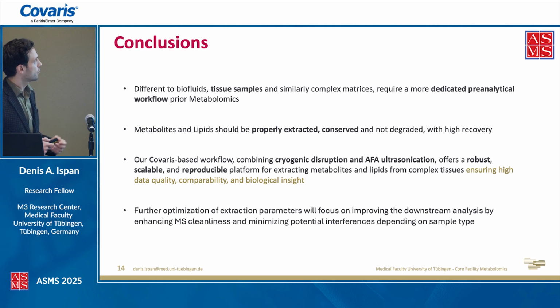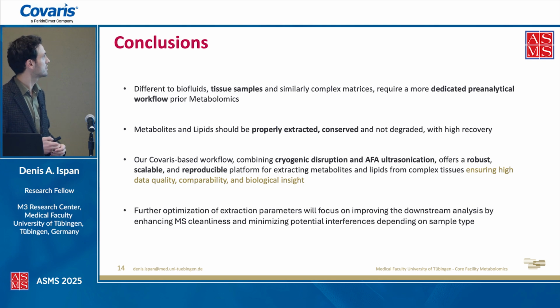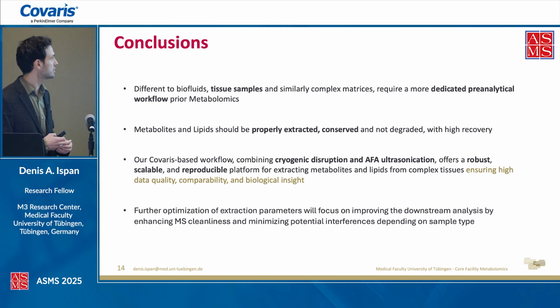And our Covaris-based workflow, combining cryogenic disruption and AFA ultrasonication, offers a robust, scalable, and reproducible platform for extracting these metabolites and lipids, of course also from complex tissues, ensuring high data quality, comparability, and of course biological insight, which is the most important part.